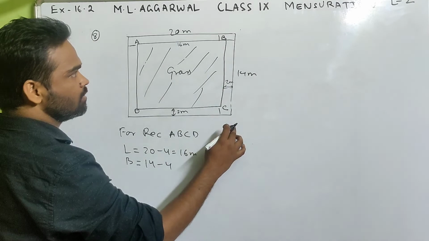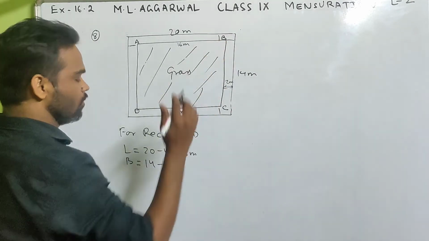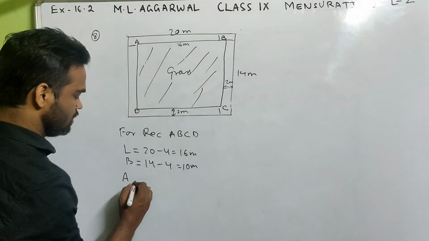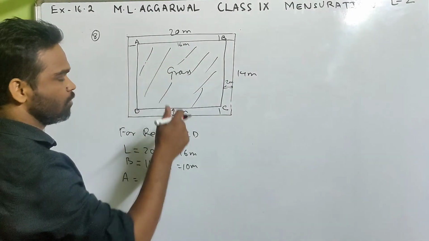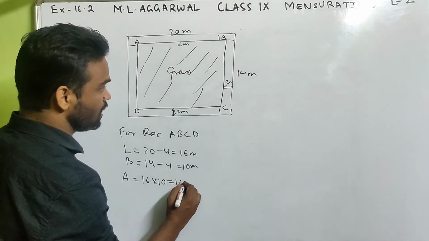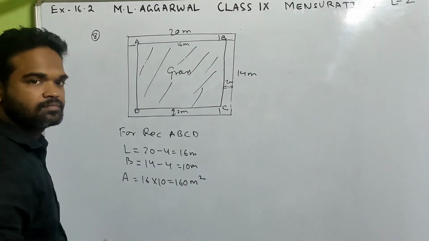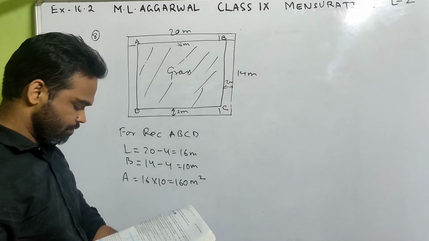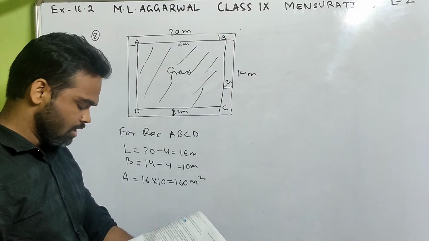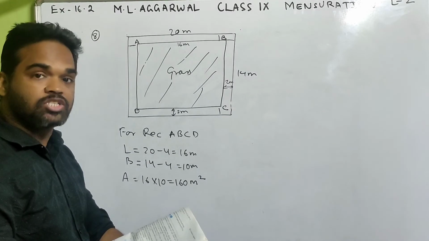This entire is 14. So 14 minus 4, that's 10 meter. So the area of this portion, where the grass is laid, is length into breadth. That's 160 meter square. Done. Very easy. You need to draw the diagram properly. Sure. We'll do the next one now.